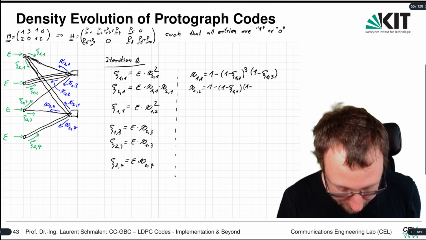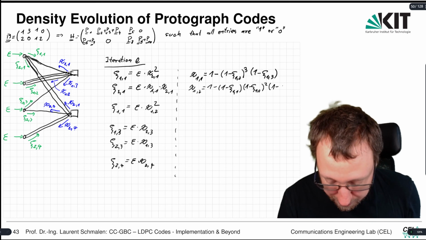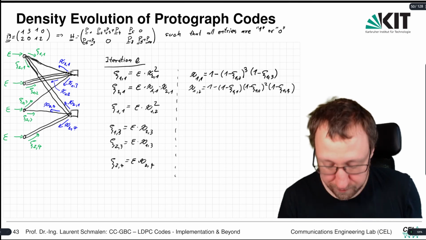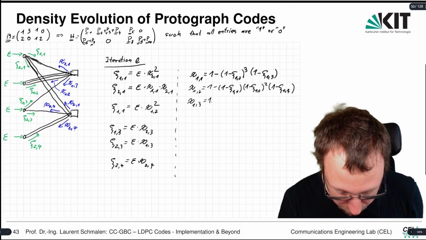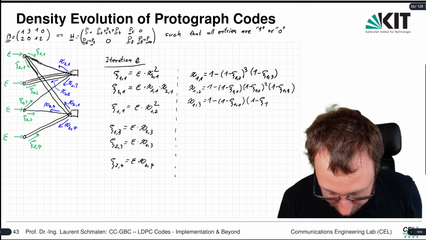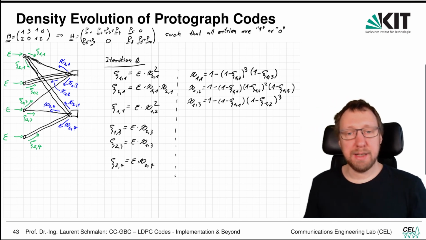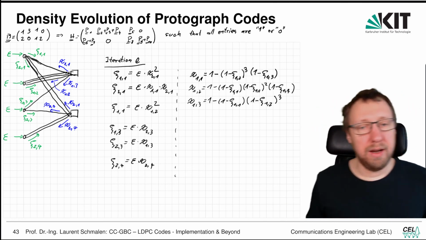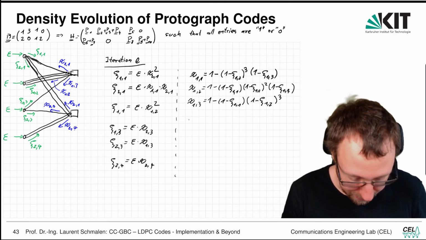It's 1 minus C12 squared times 1 minus C13. Finally, we have chi13 and 1 minus C11 times 1 minus C12 cubed. That's it. Now we can go for the second check node, and here the weight was essentially the same.